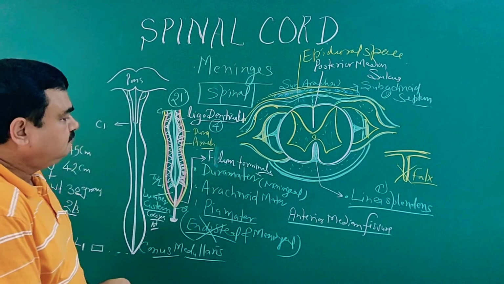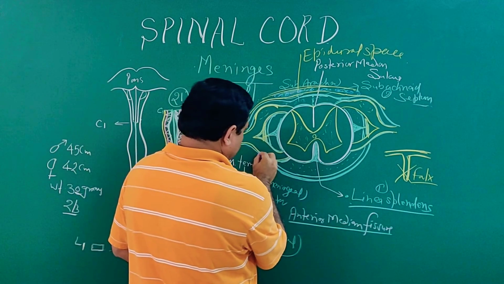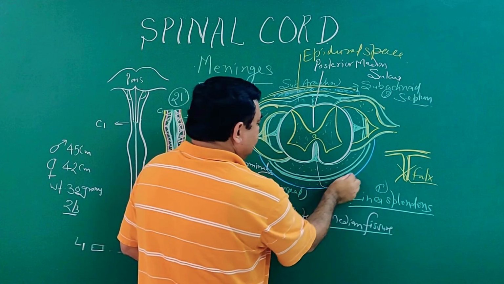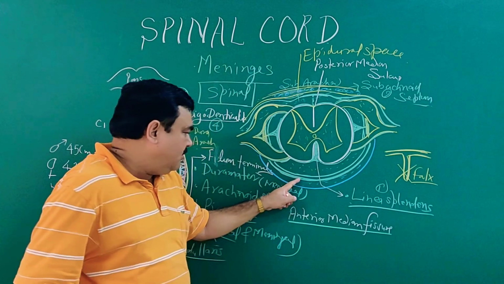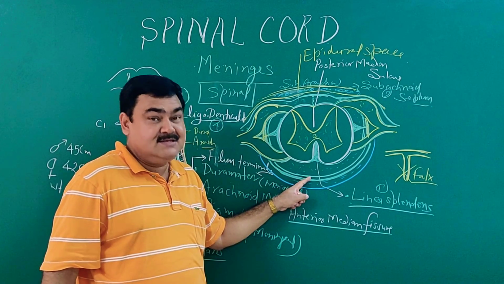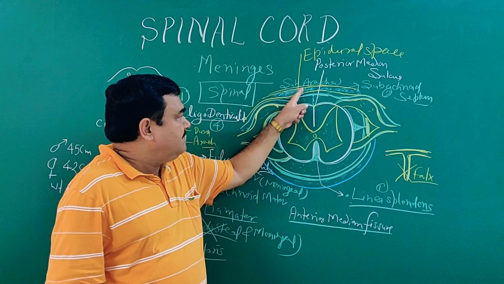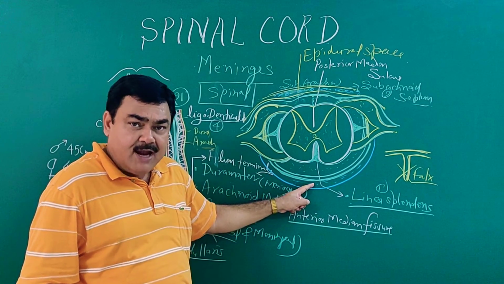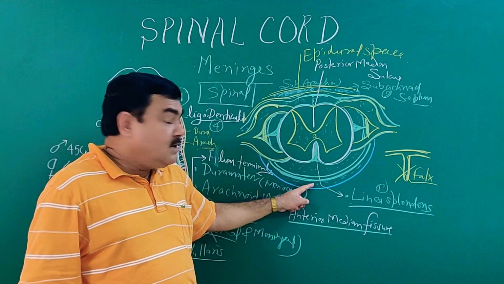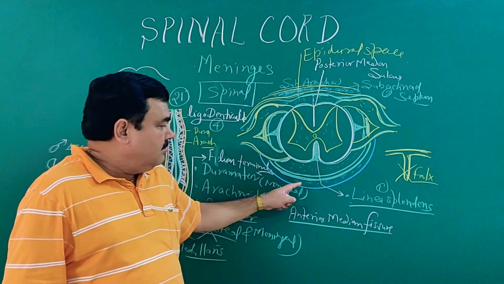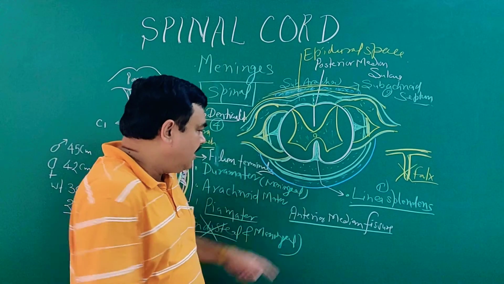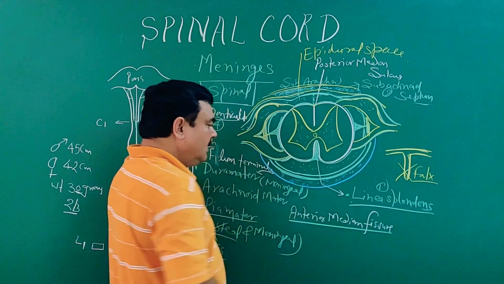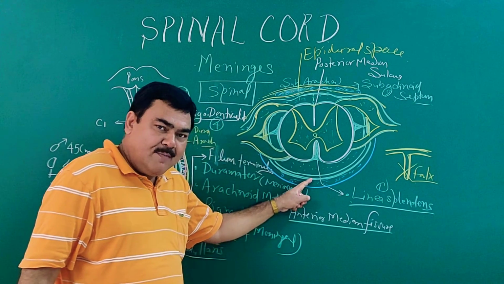So this epidural space contains loose connective tissue, fat and the internal vertebral venous plexus. This is the dura mater.